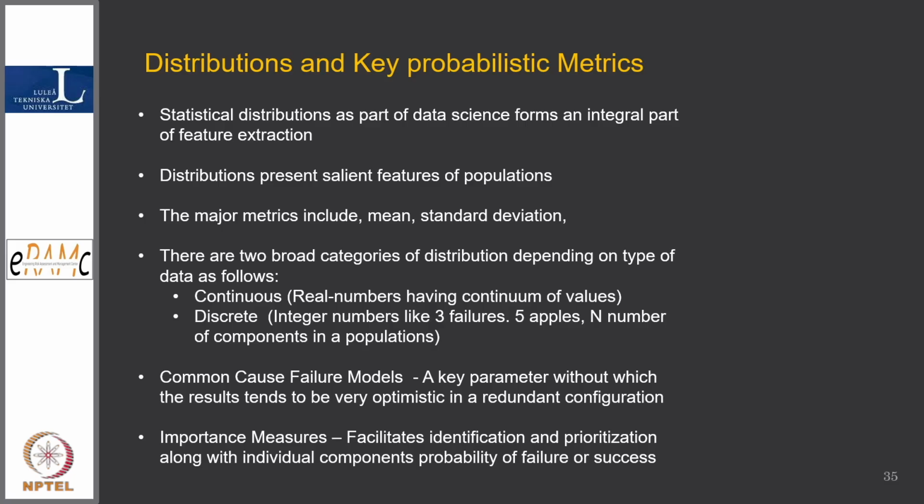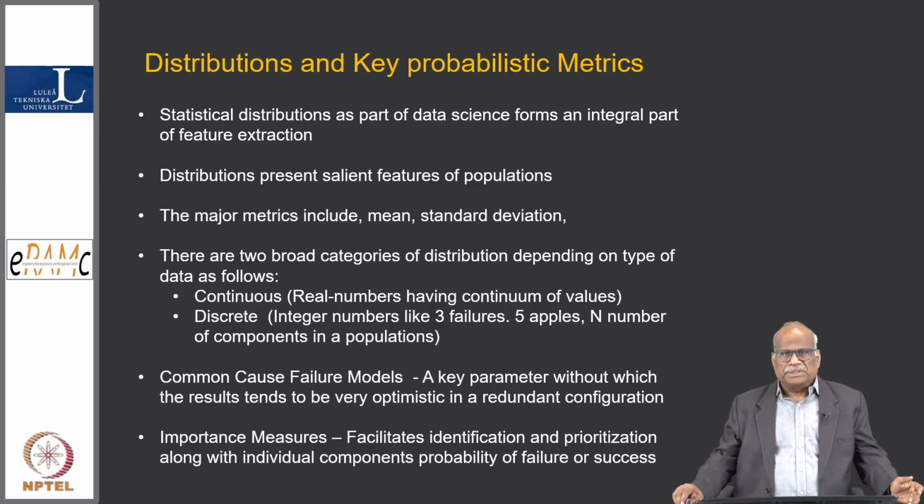Distribution and key probabilistic metrics. Statistical distribution is part of science, and it is very important that we know distributions present salient features of a population. It is the distribution which gives us, in PRA or in machine learning, a very important step called feature extraction.